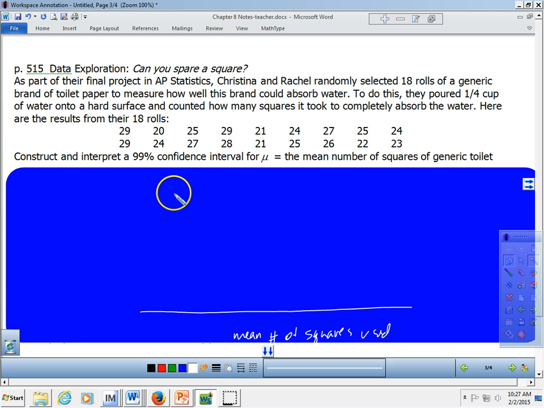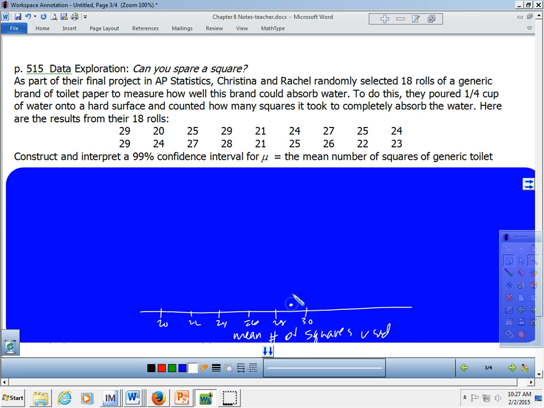Okay, and we're smallest at 20, largest at 29, so we could go 20, 22, 24, 26, 28, and 30, right?